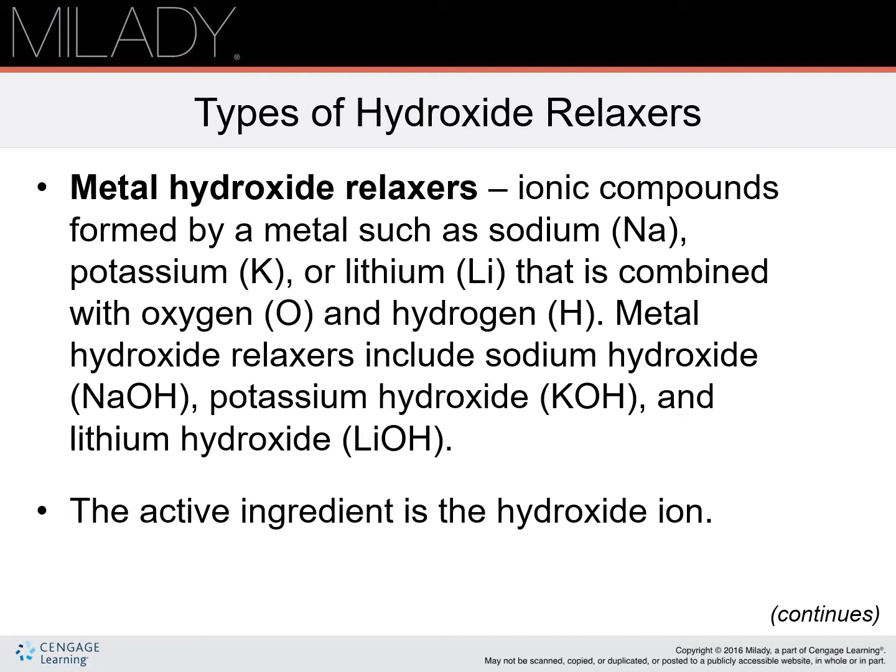Metal hydroxide relaxers are ionic compounds formed by a metal, sodium, potassium, or lithium, combined with oxygen and hydrogen. Metal hydroxide relaxers include sodium hydroxide, potassium hydroxide, and lithium hydroxide. The hydroxide ion is the active ingredient in all hydroxide relaxers.